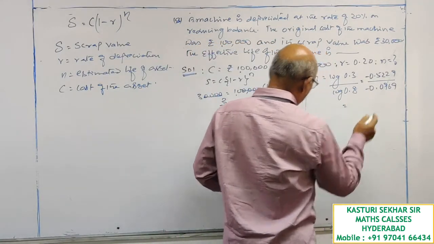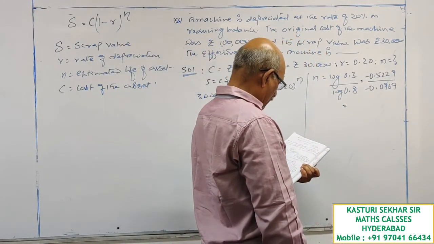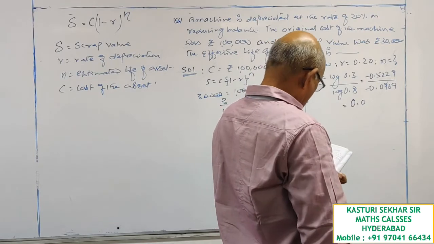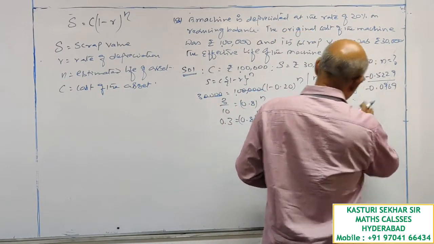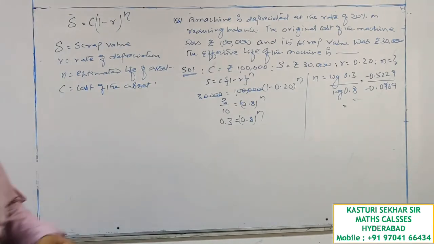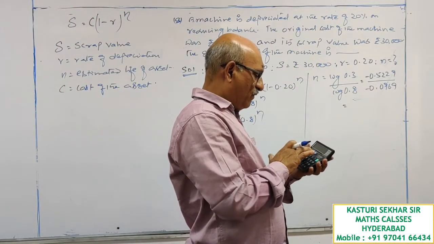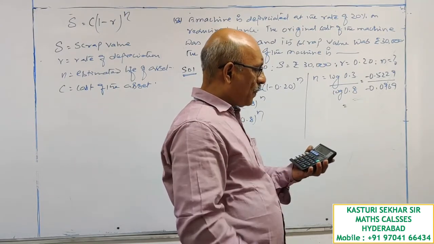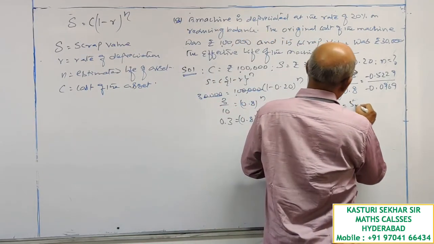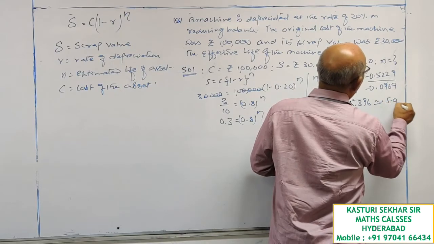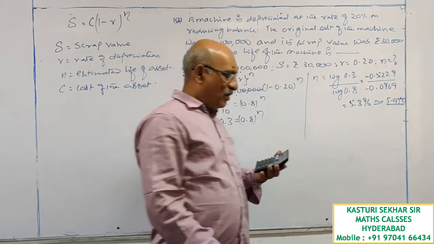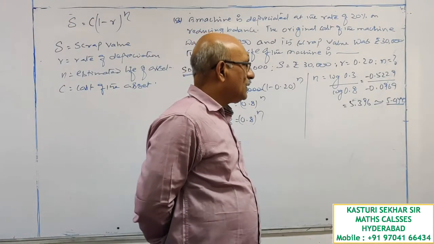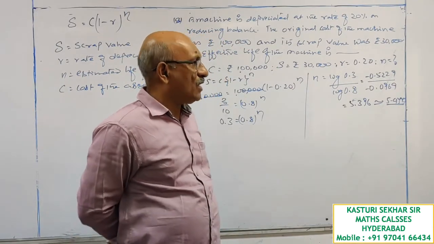So minus minus cancel, and this is equal to 0.5229 divided by 0.0969, which is 5.396, approximated to 5.4 years. This is the answer to this question.